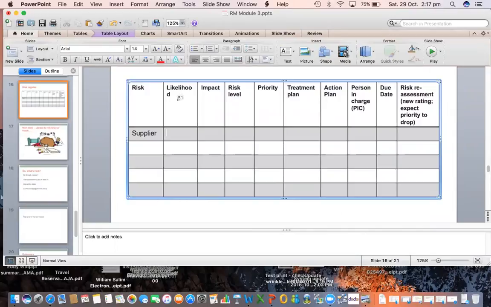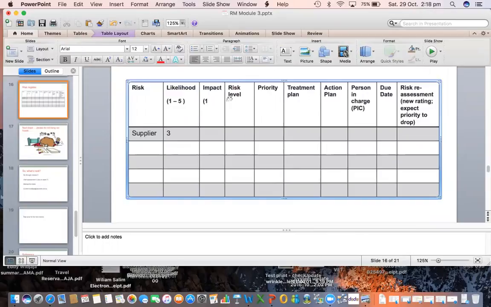What is the likelihood? Here we can use a 1 to 5 rating scale. Well, the likelihood is moderate, because we hear that the labor in there may have some strike. That's what we hear recently.